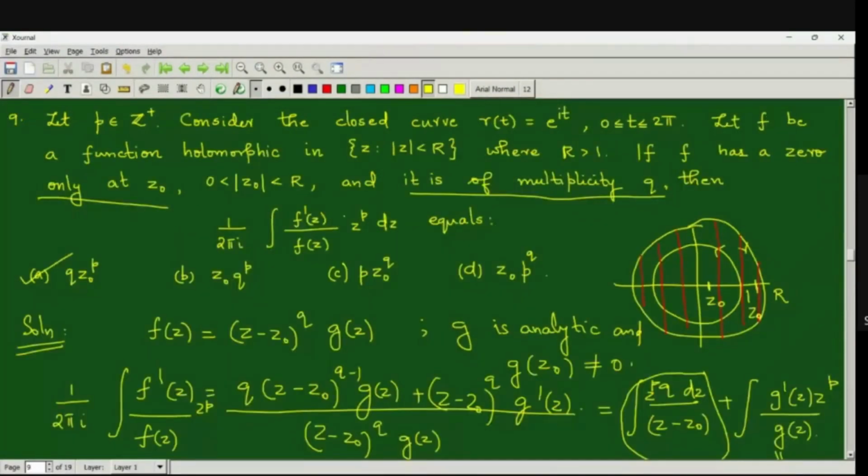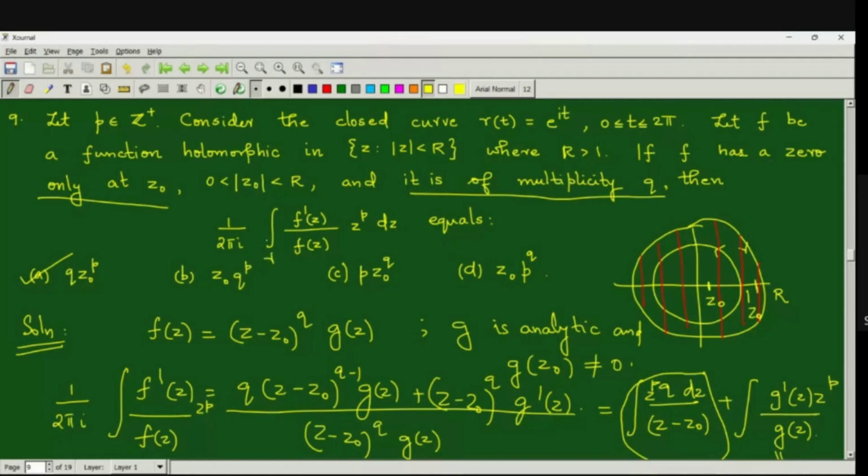Okay, so we assumed that mod z naught is less than 1. Then only we could do this thing. What if mod z naught is greater than 1 and less than r? Then there is no singularity inside this circle, right? Yes, ma'am.